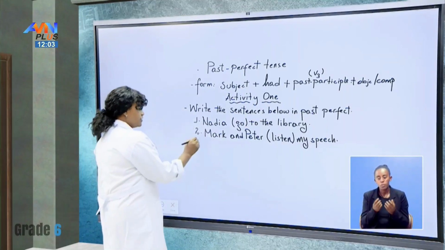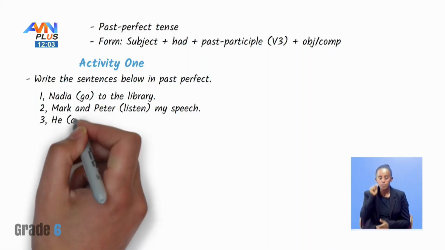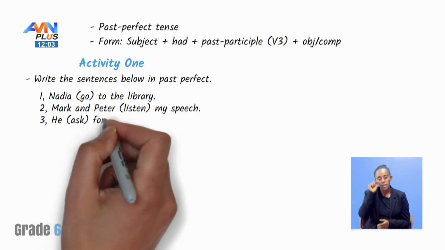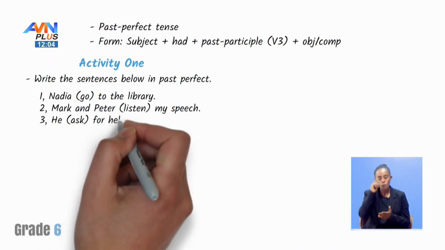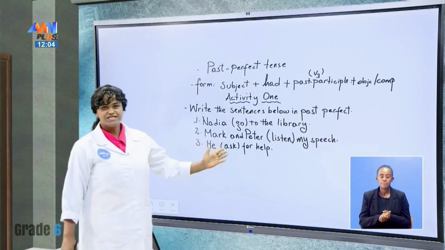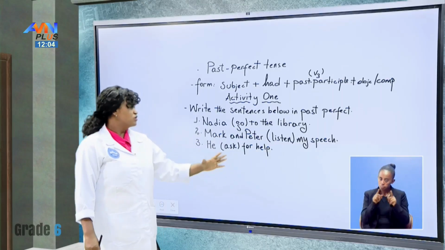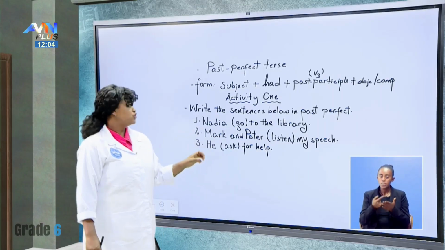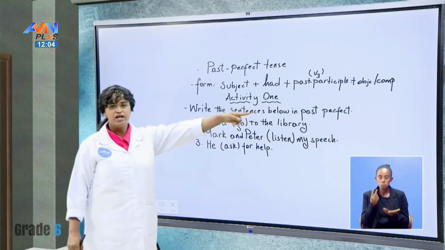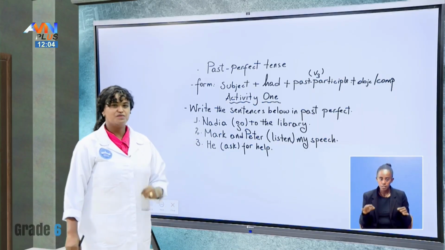One more, the third one, he, ask for help. Three sentences. I gave you the verb in parentheses. So write down these sentences following this form. Subject plus had plus past participle, then object or complement. For the three sentences, only 3 minutes are enough.